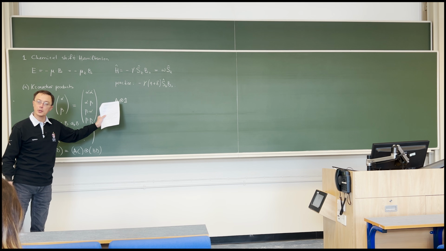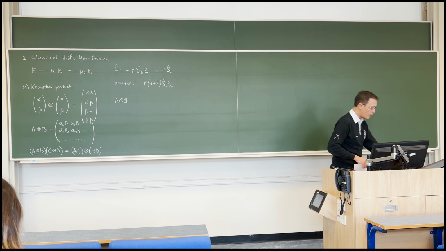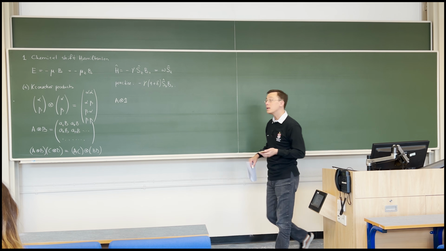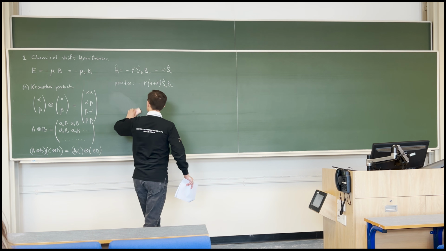So one of the easiest ways of building multi-particle Hamiltonians, and this is in fact what modern computers are using, is to build them using these Kronecker products. So with that in mind, let us think about what a two-spin Zeeman interaction operator is going to look like.